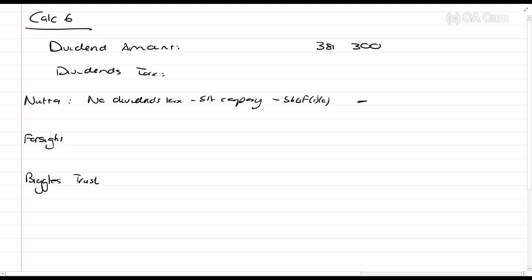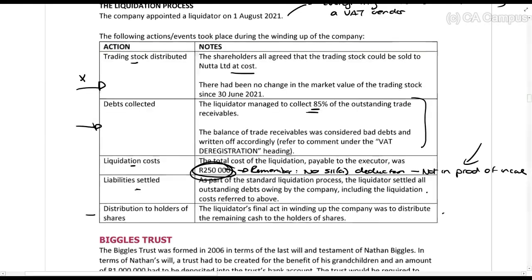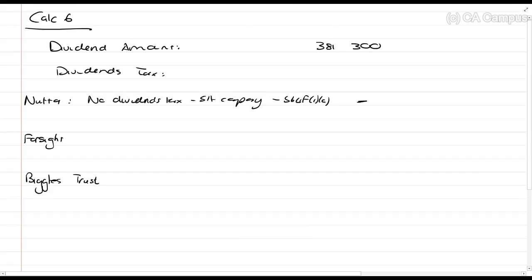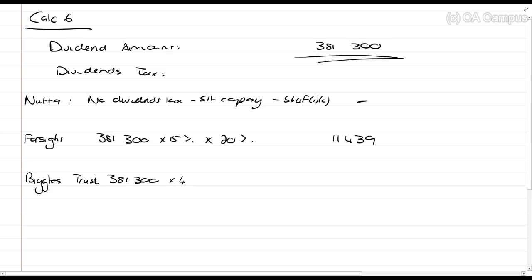Please remember that, so no dividends tax. Farsight is not a South African company. It is a foreign company. So I just want to quickly get the shareholding percentages here, 15 and then 40. So 381,300 times 15% times 20%. And the Biggles Trust, 381,300 times 40% times 20%.